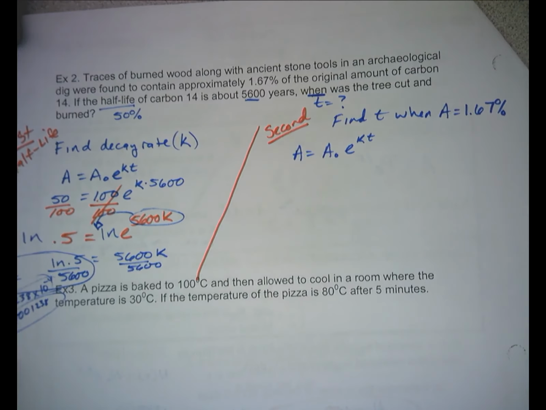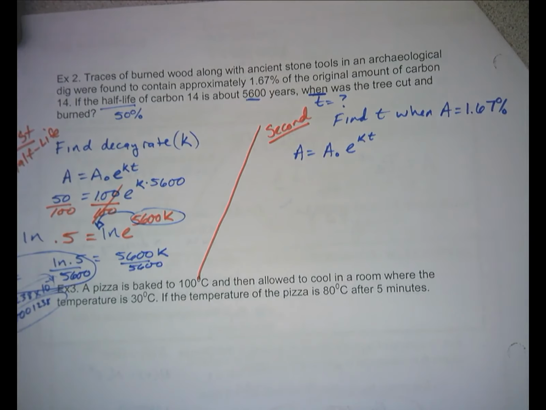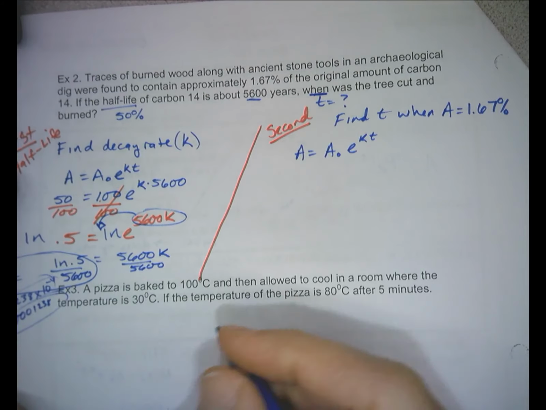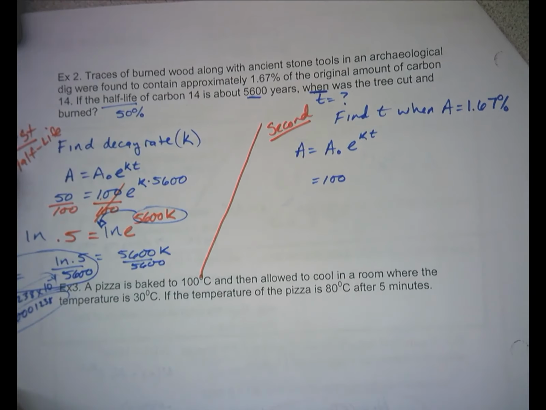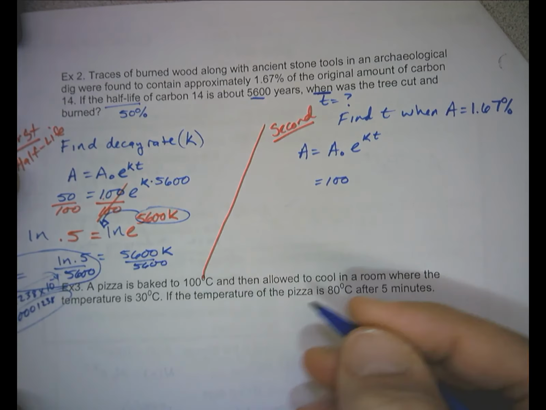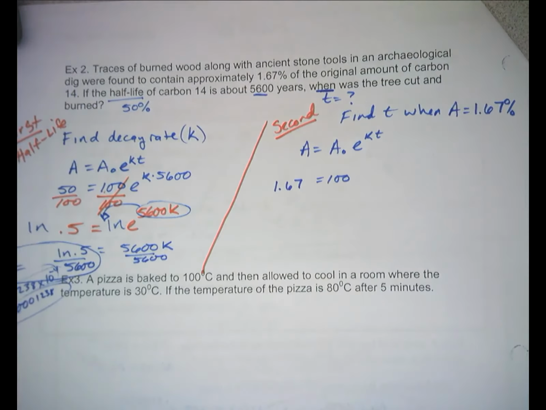So now we're trying to find the T value when A is 1.67%. How long has this been on Earth? Well, I start at 100%, right? My carbon-14. When I found this artifact, it was down to 1.67% of carbon-14.